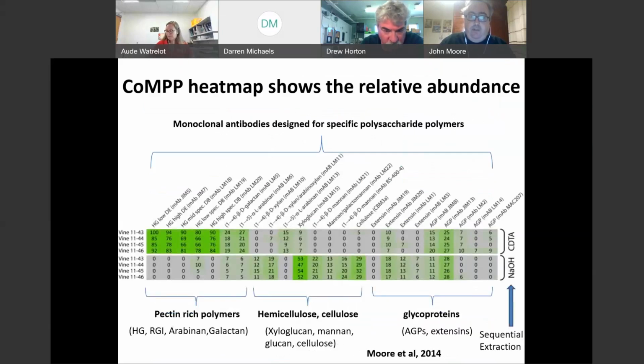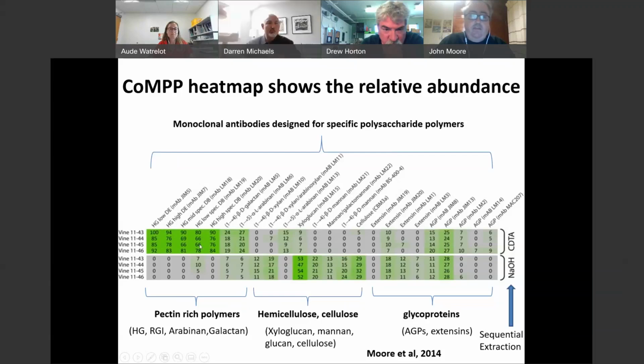So with these antibodies as potential tools and the array technology being developed, you can probe samples, and you get an array like this, which we call the approach comprehensive microarray polymer profiling, or carbohydrate microarray polymer profiling. And what you get is a data set like this for your sample, where on the y-axis you have your sample number, Vine 1143, and then as you move along you get all the different antibodies binding to the samples.